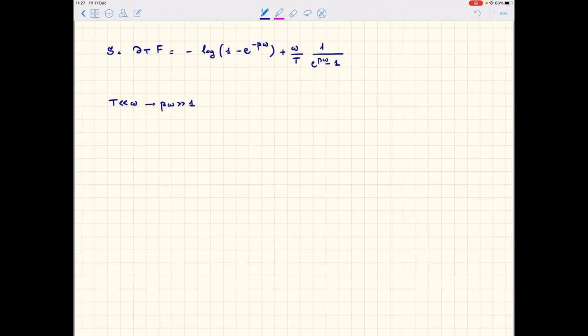And then here, if beta omega is much larger than 1, the limit of this stuff is 0. Entropy S goes to 0. You see, what we just discovered is that for this system, the entropy, as the temperature goes to 0, is actually tending to 0.